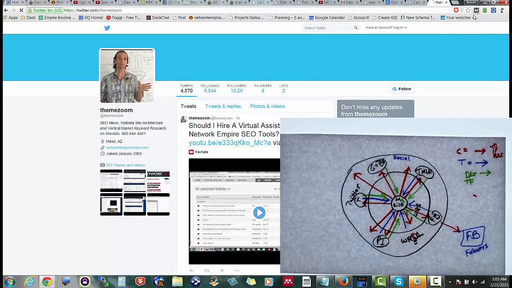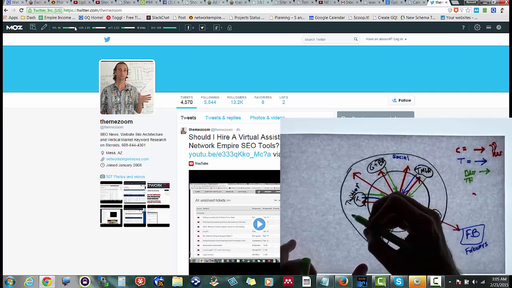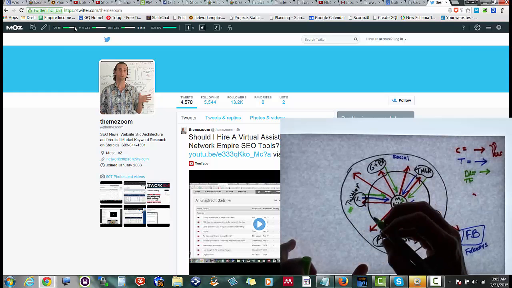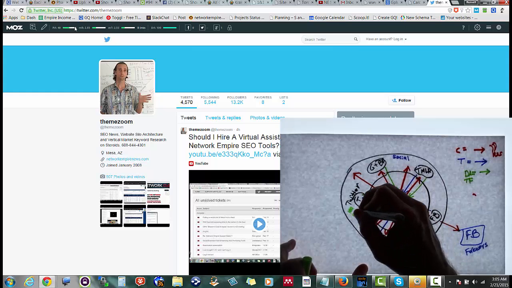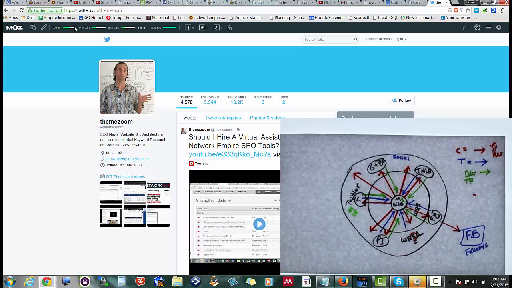If I take a look at this, you can see that this page has a page authority of 48. So I'm getting a domain authority of 100 with a page authority of 48. Now, that doesn't meet Jimmy's standard in terms of what he'd like it to be, 53 or greater, but that's pretty damn good, seeing as how I'm also getting all my tweets. You know, if I get my tweets indexed, I don't know.